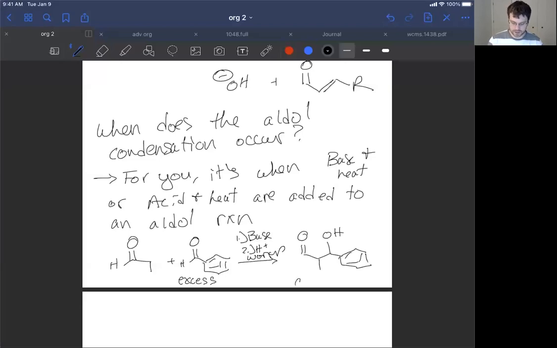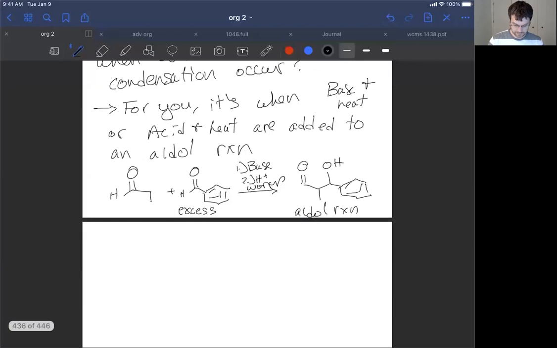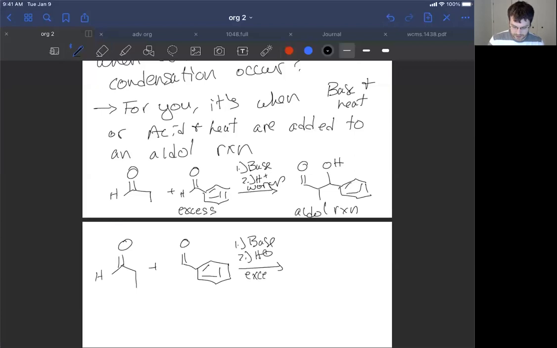So this is an aldol reaction, not to be confused with the aldol condensation that eliminates water to make a carbon-carbon double bond. That would be a normal aldol reaction. If instead I said, let's take these two things, and in step 1, we add base, and in step 2, we add H plus and excessive heat, then we're going to draw the exact same framework, but we're going to have a double bond extending from the alpha and beta position.